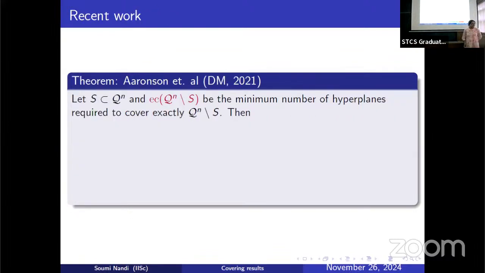Aronson et al. first studied this problem, and for forbidden sets of larger size they have given some bounds. If we want to restrict 2 or 3 points, then they have proved that at least n-1 degree polynomial, or n-1 hyperplanes, will be required to cover the other points.